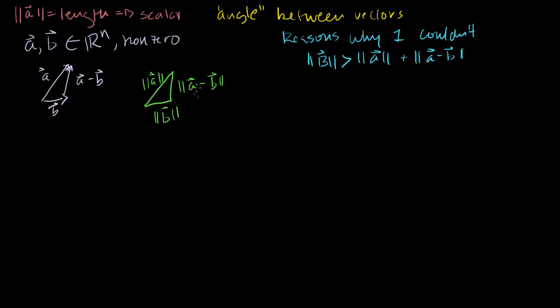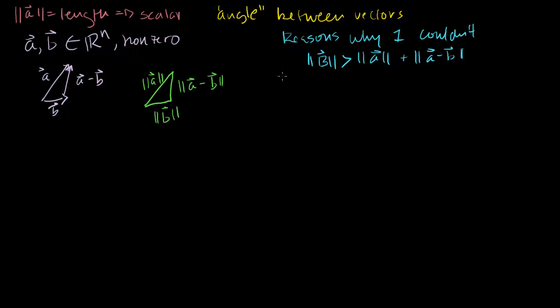And I could do it with all the sides. What if this length was larger than the sum of the other 2 sides? Or what if that length was larger than the other 2 sides? I could just never draw a 2-dimensional triangle that way. So what I'm going to do is use the vector triangle inequality to prove that each of these sides is less than or equal to the sum of the other sides.